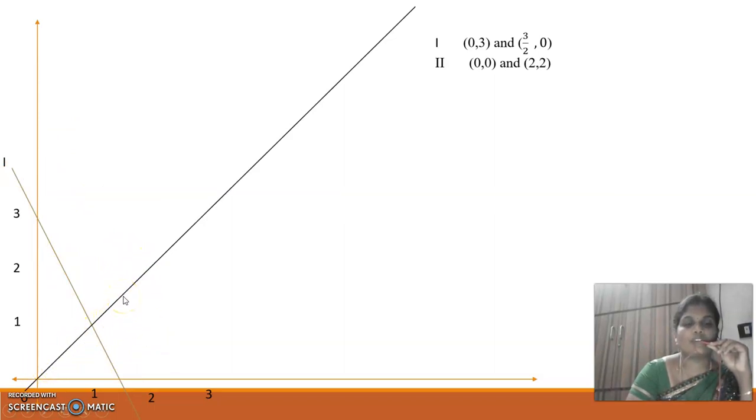How to find the shaded region? Take any point. For example, for my convenience, I have taken (1, 0). Substitute this point in the second constraint. 1 minus 0 less than or equal to 0, which means 1 is less than or equal to 0. Whether the inequality is correct?